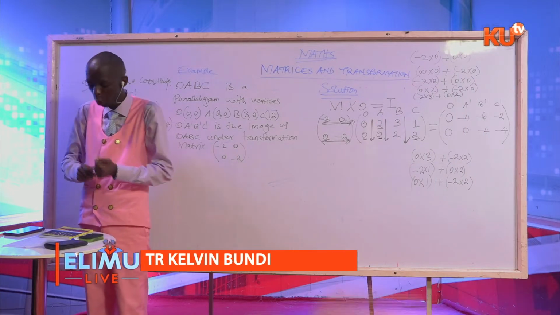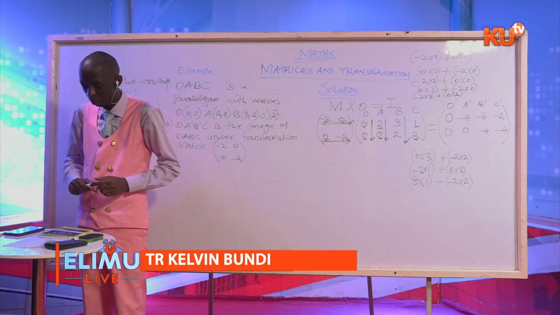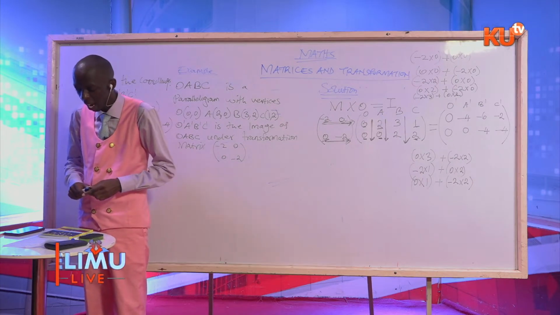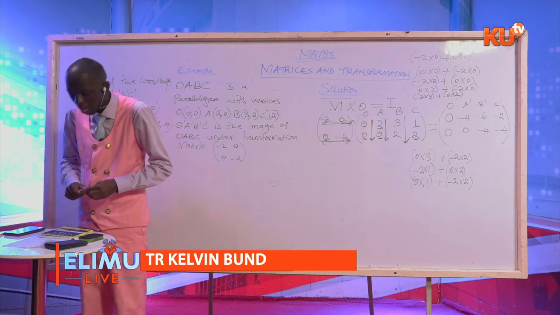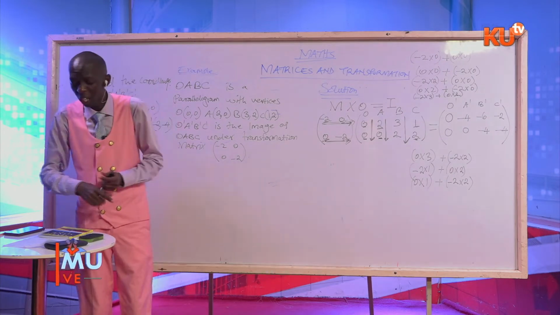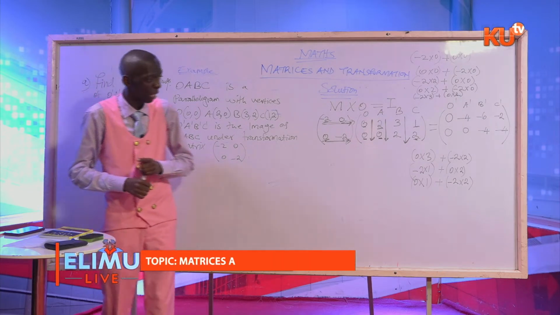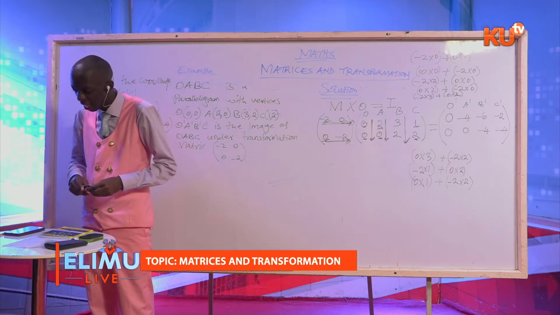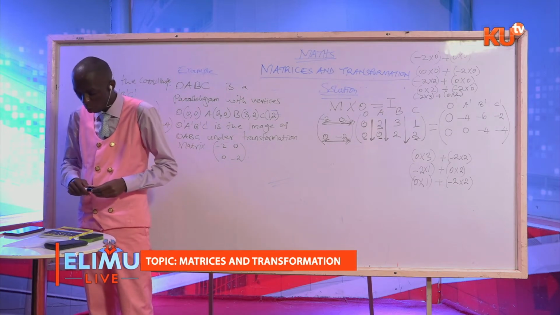Question number Roman 2. On the grid provided, draw O, A, B, C, and O prime, A prime, B prime, and C prime. It's unfortunate that we don't have a graph board, but plotting the coordinates is very easy for you, my dear students.